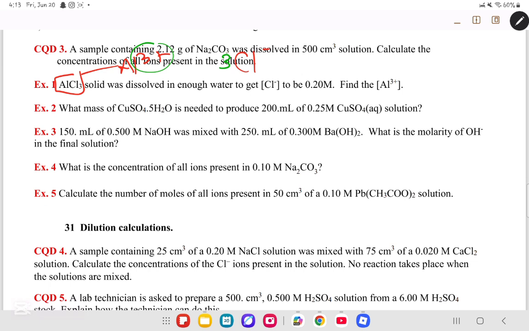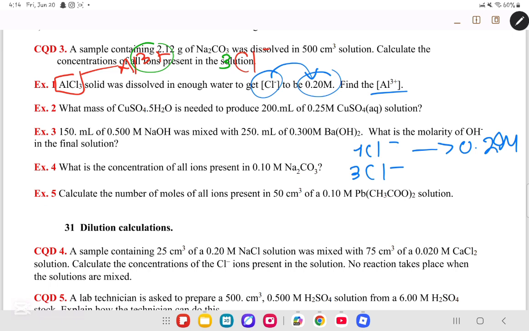So they told us that 1 Cl minus will have a concentration of 0.2 molarity. So let us find the concentration of Al3 plus. If 1 Cl minus has a concentration of 0.20 molarity, then for sure 3 Cl minus will have a concentration of 0.20 divided by 3, which is 0.067 molarity.